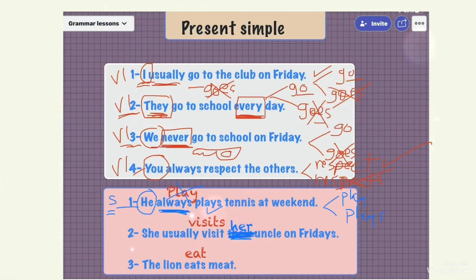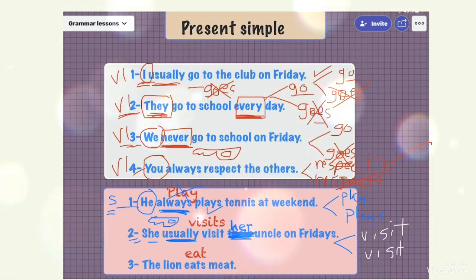Very good. Number 2, she usually visit or visits her uncle on Friday. What is the key word here? The key word is usually. So when I see usually, I will choose either visit or visits.